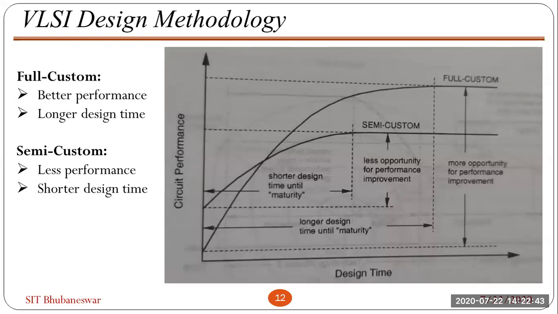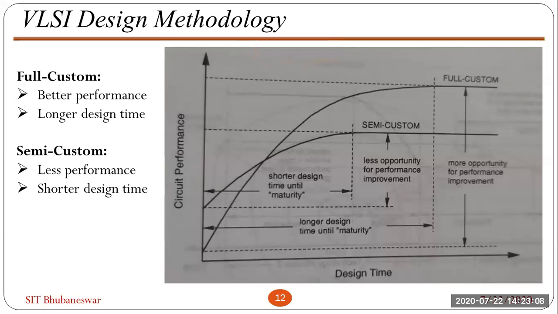Whatever we are getting, we think that is better. But if you do custom, then we can get better performance. But it will take too much time, because in digital, billions of transistors are there, so we can't do manual work for all of them. That's why we have to compromise.